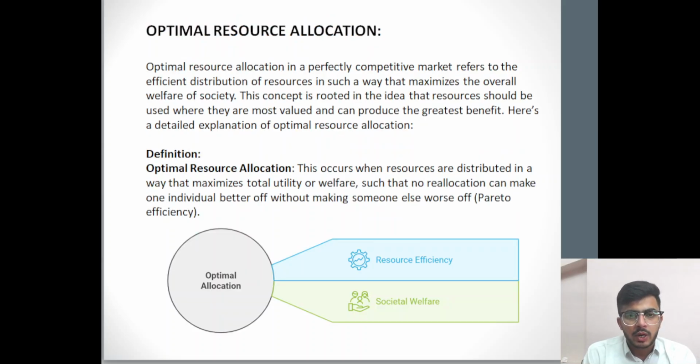And the last point of this presentation is optimal resource allocation, which ensures efficient resource use to maximize welfare, also known as Pareto efficiency. Production occurs at minimum cost where P equals MC, giving resource efficiency and social welfare.